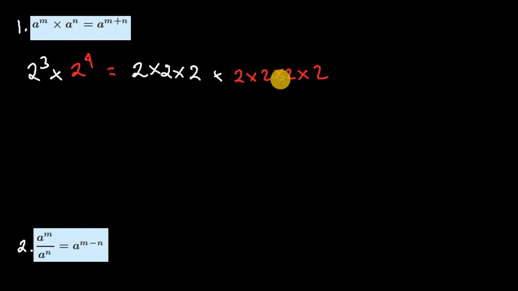Now if we calculate it, we will end up with 2 multiplied 7 times, or just 2 to the power of 3 plus 4, which equals 2 to the power of 7. That's a little example.